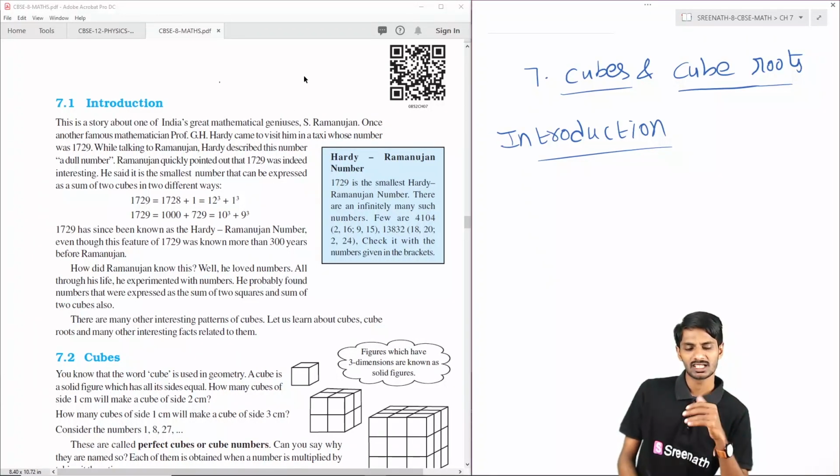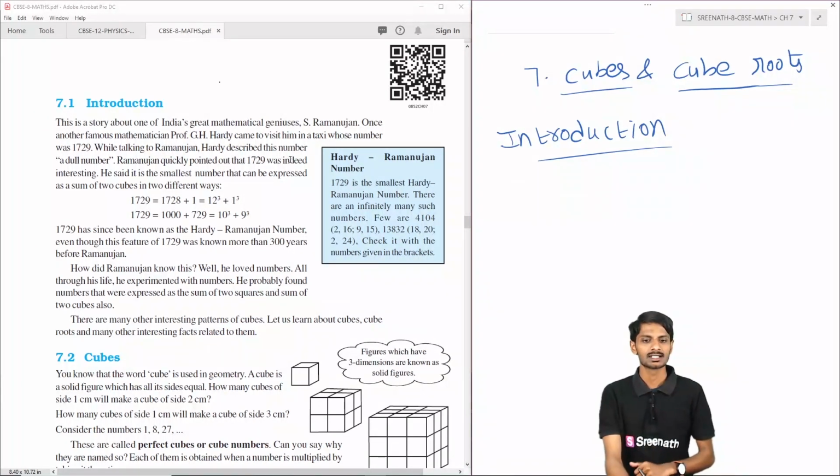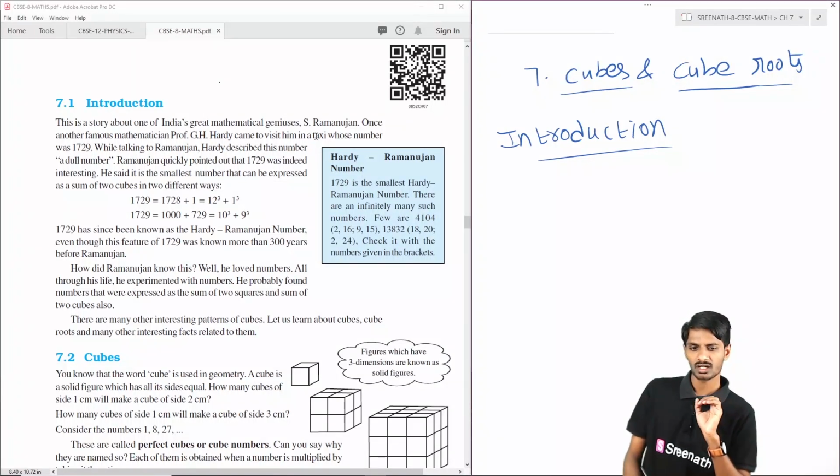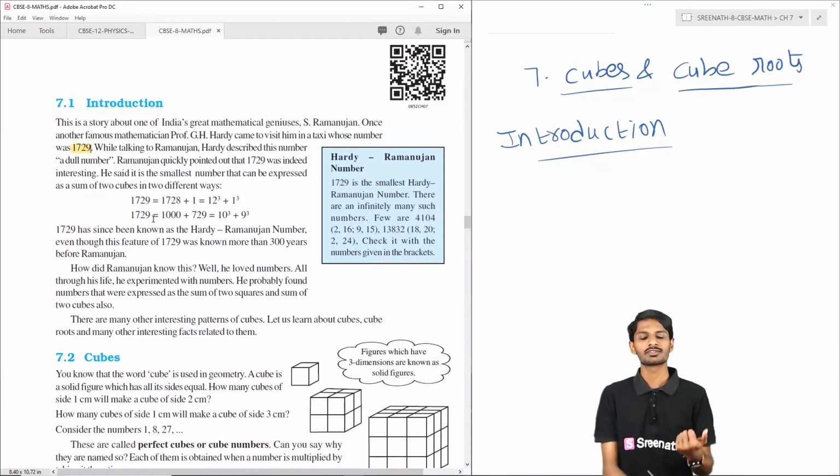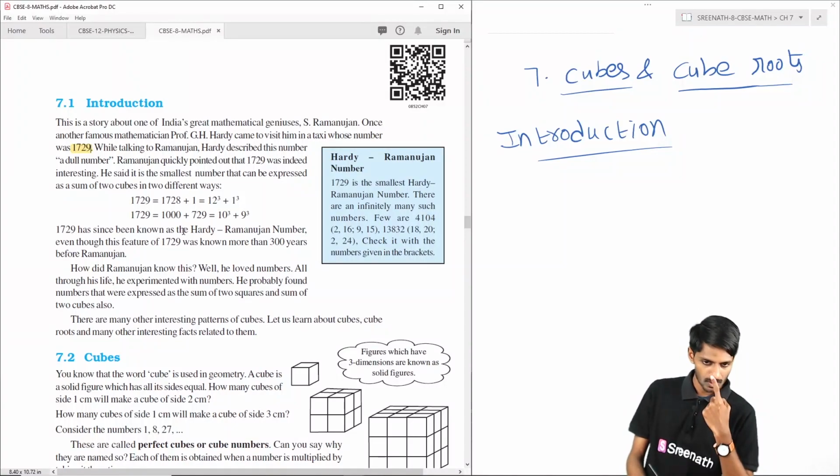Once upon a time another famous mathematician, Professor J.H. Hardy, came to visit Ramanujan in a taxi, and the taxi number is 1729. Regarding the taxi number, Hardy described it as a dull number, but Ramanujan said it is not a dull number, and it is the smallest number that can be expressed as sum of two cubes in two different ways. Okay, it is the smallest number which can be expressed as sum of two cubes in two different ways.